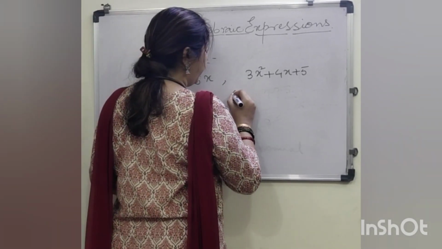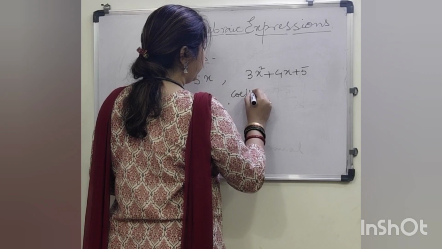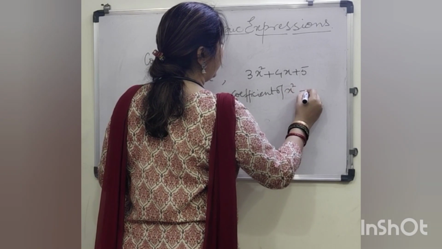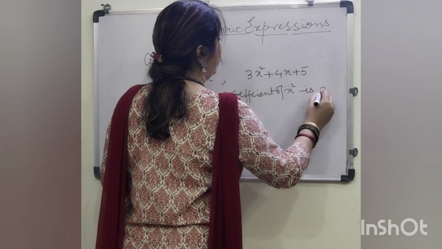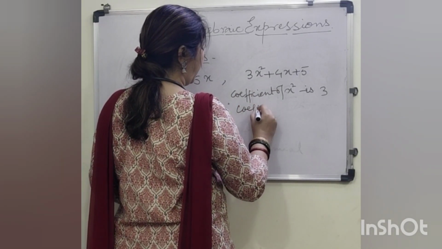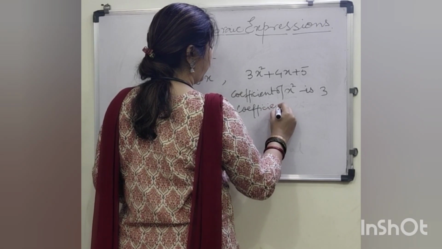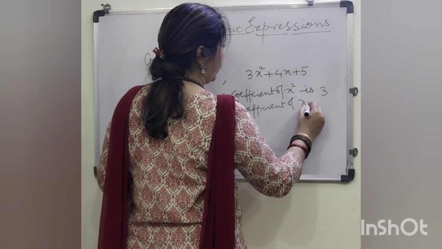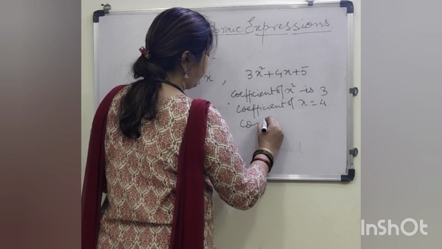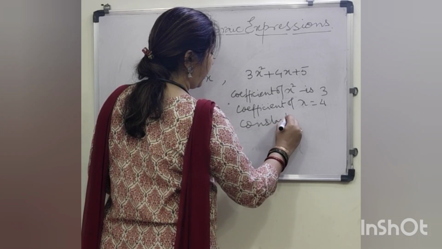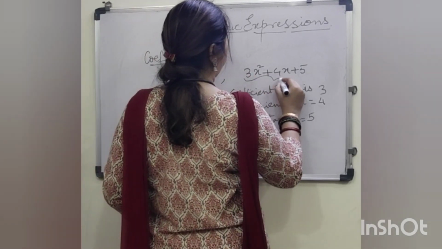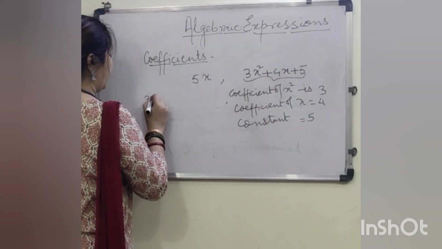So we write coefficient of x square is 3. Likewise of x is 4. Constant is 5.